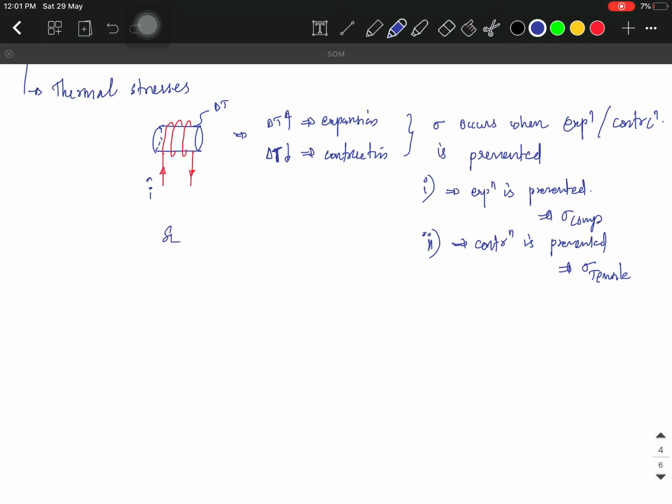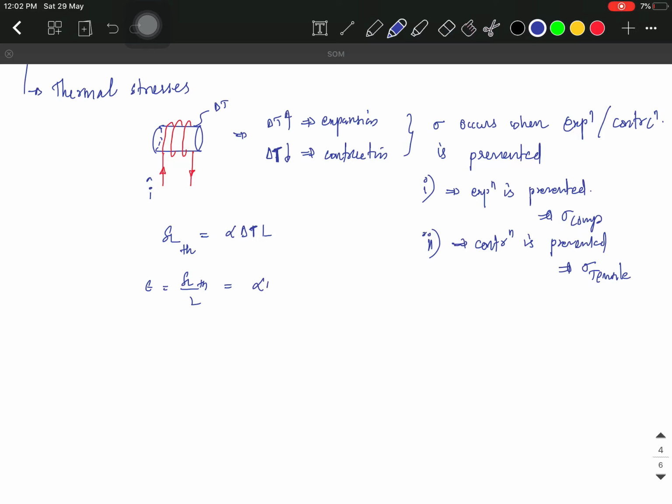Upon application of temperature, we get an elongation of the member, represented as delta L_T, given by alpha delta T into the original length.